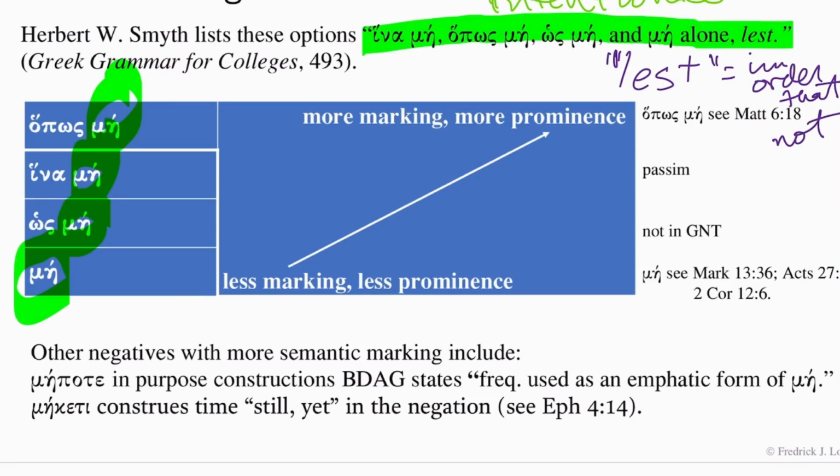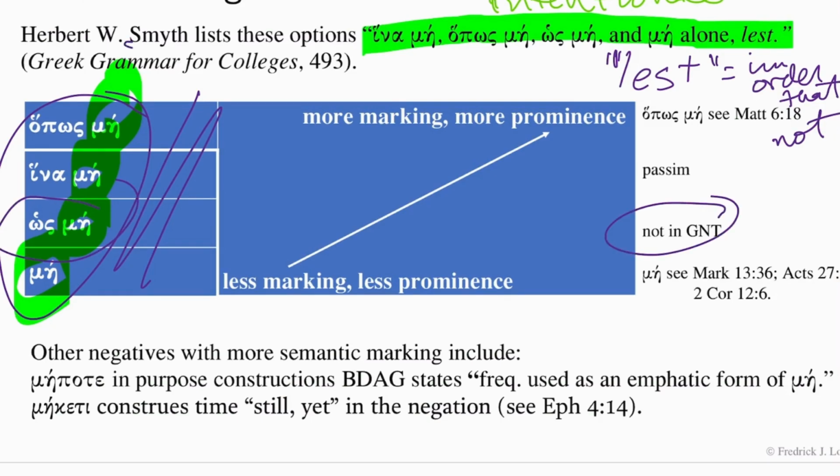Now, of these ways that you see negation taking place, the hōs mē you don't see in the New Testament. Smyth's grammar is a classical grammar dealing with classical literature, so we actually don't have hōs mē. But we do see hopōs mē, we do see hina mē, and we do see just mē.